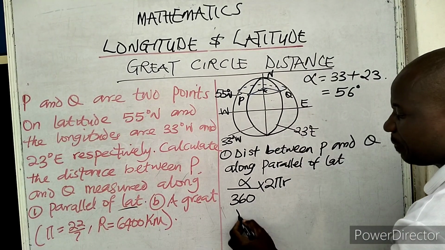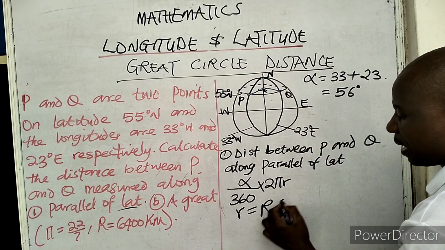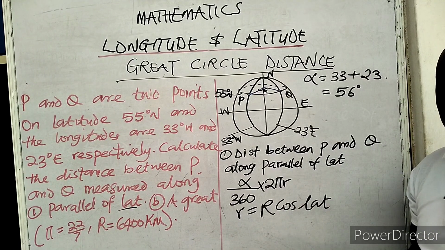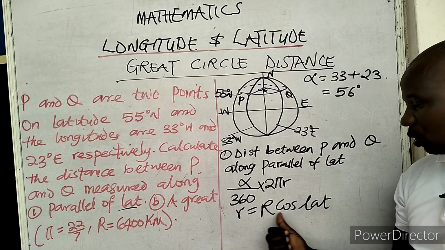But what is our small r? Small r is big R cos latitude. So this one is big R cos latitude. Is that understood?